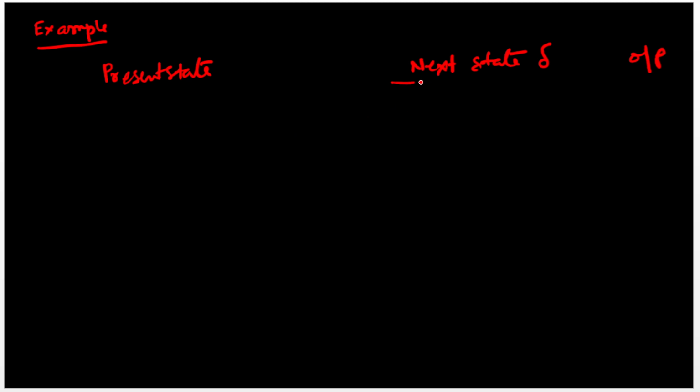So in case of next state, here input a equal to 0, and here suppose input a equal to 1, and output is lambda.